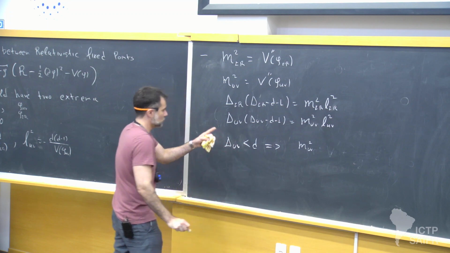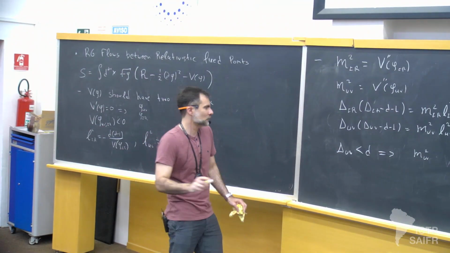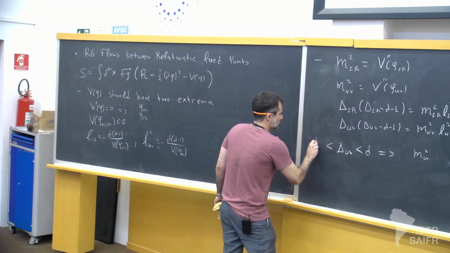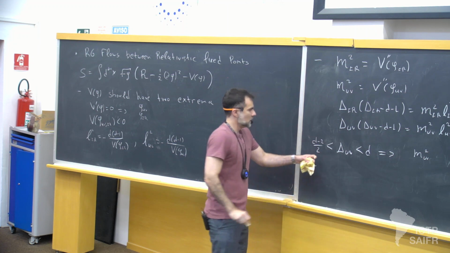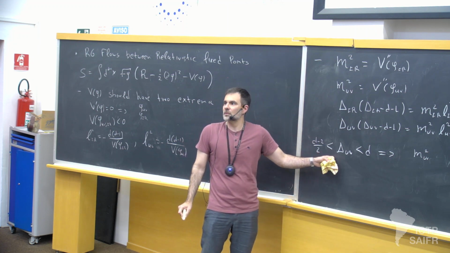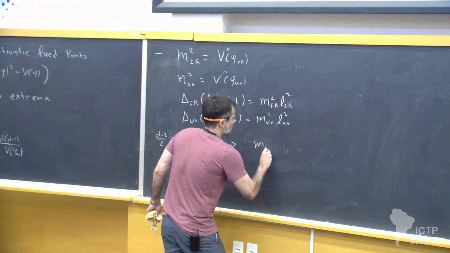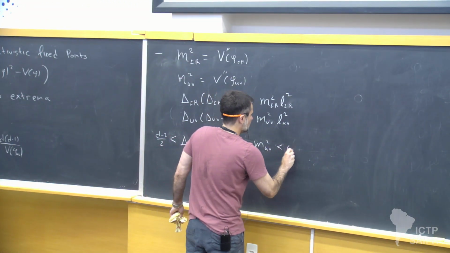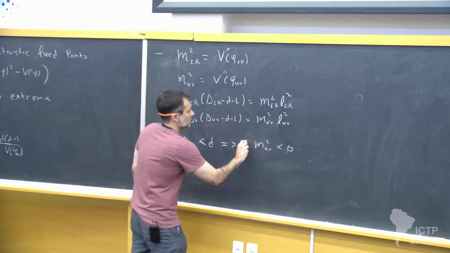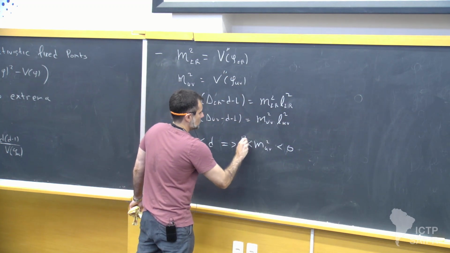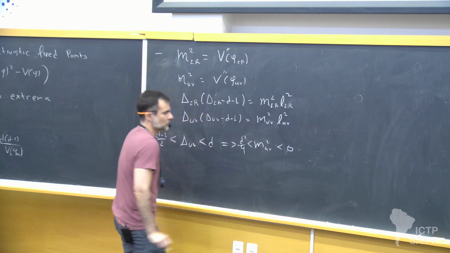So delta UV should be smaller than D, sorry about the confusion, and it should be greater than (D minus 2) over 2, because you want the UV fixed point to be stable. So M UV squared should be a negative number, and it should be greater than D squared minus D squared over 4.